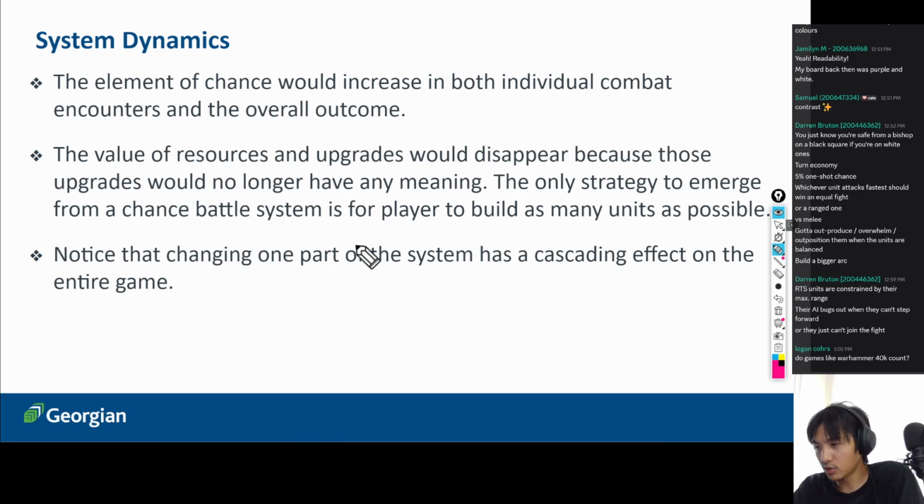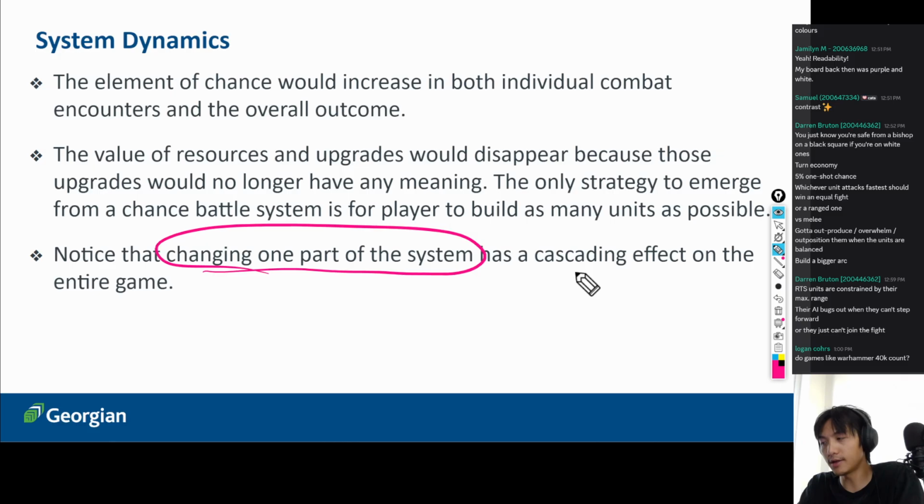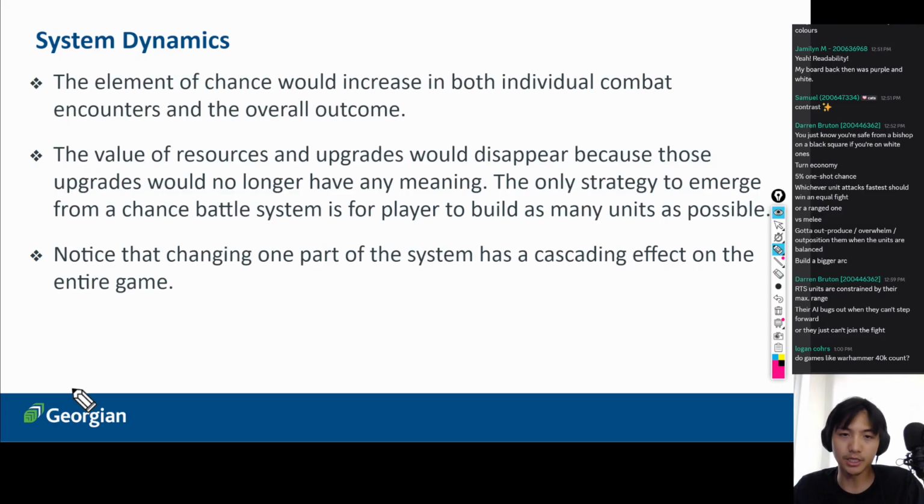But regardless, if you change one part of the system, you're going to change the effects on the rest of the game. So in this case, we change the damage formula slightly, and what it will do is change how people will choose to play the game if they want to play it well. It'll change the best strategies. It'll change the dynamics, which will lead to different strategies.